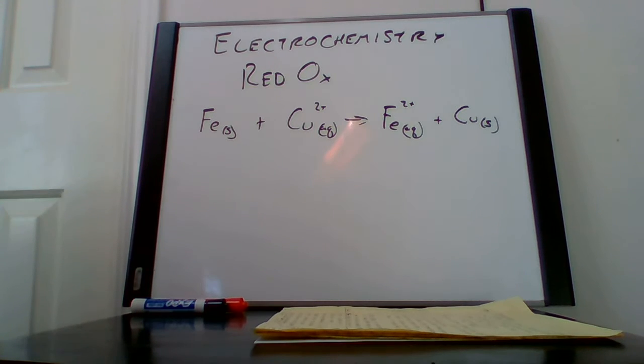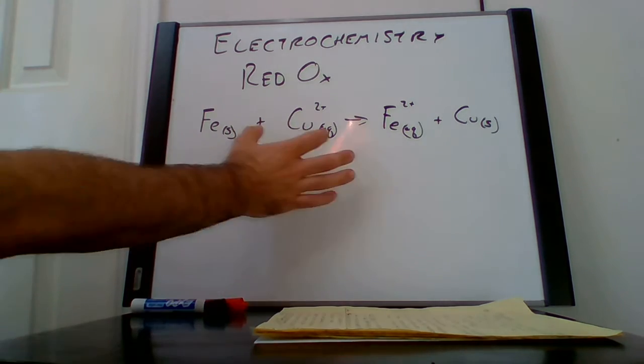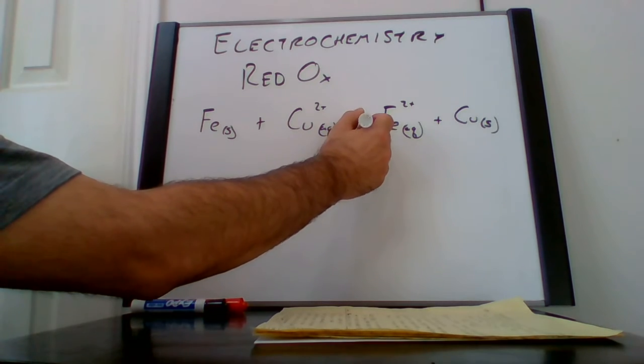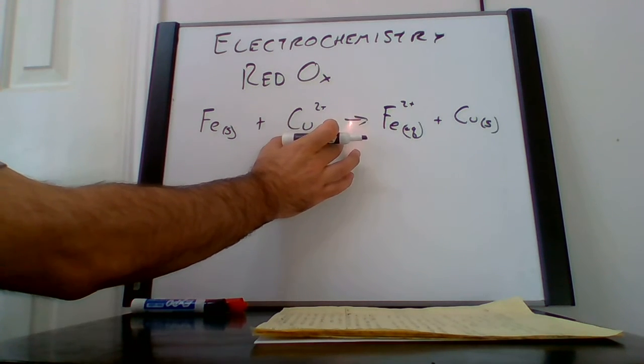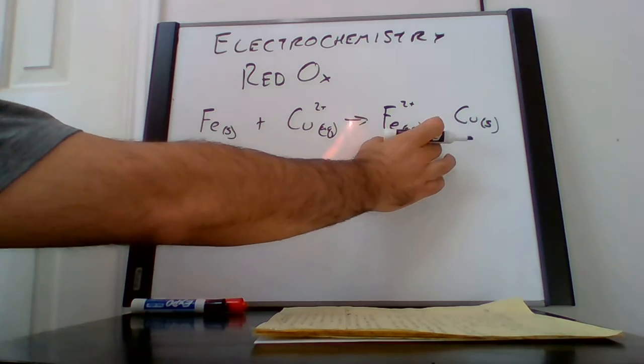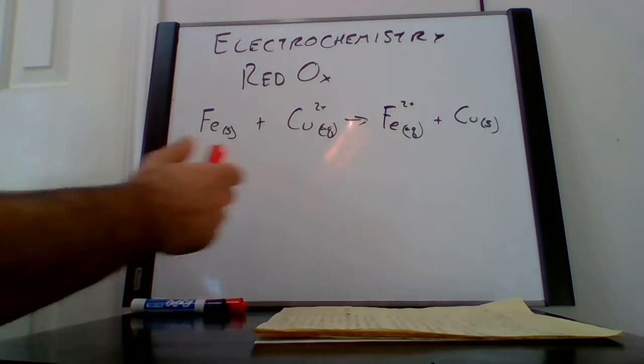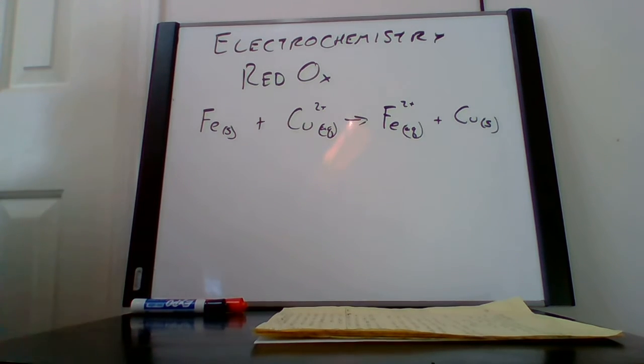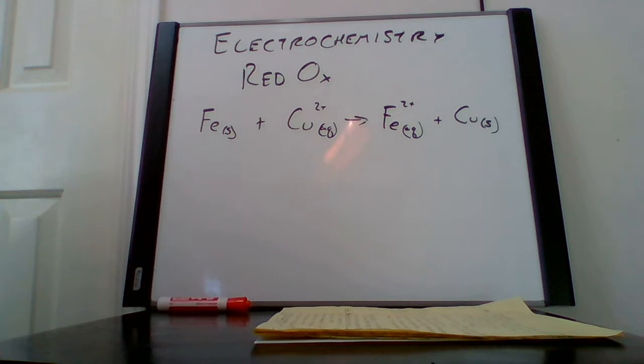We've done this in Chem 11 as a single substitution reaction where we dropped an iron nail into some copper 2 chloride solution, and we noticed that our solution went from the bluish green of the copper to almost clear of this iron, and we start to form what looks like rust on that nail, but it was actually copper. Okay, and so although we've talked about this before as a single replacement reaction, it is also a redox reaction.